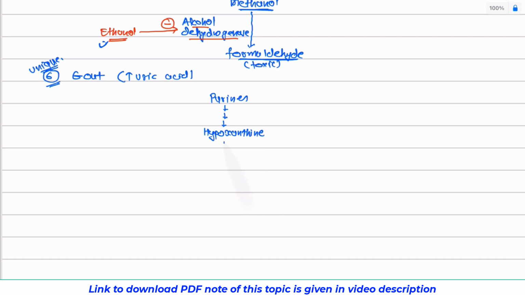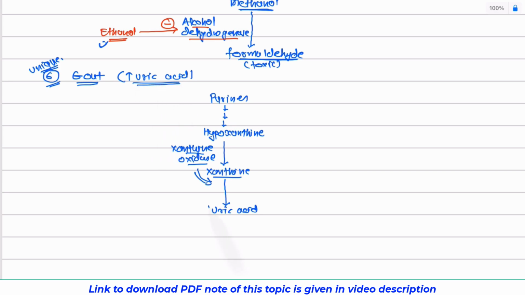This hypoxanthine then gets converted to xanthine by the enzyme xanthine oxidase. This xanthine can be further converted to uric acid, and this reaction is also catalyzed by xanthine oxidase. And we know that in case of gout, there is increased uric acid level in our blood.